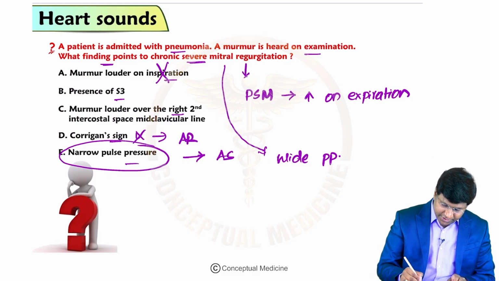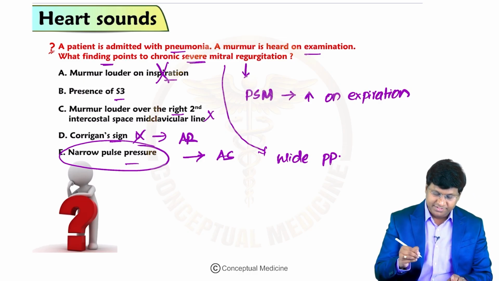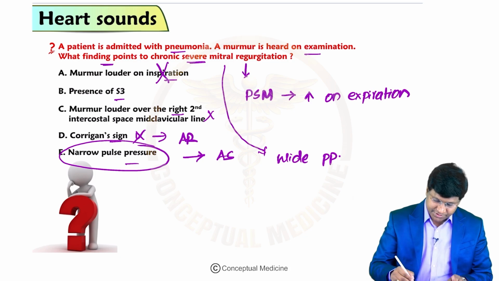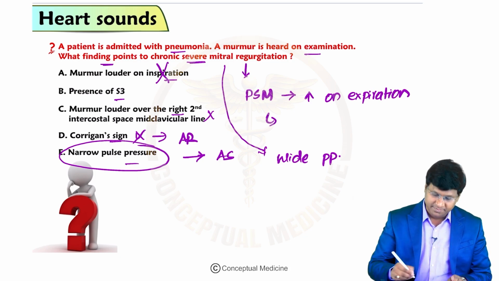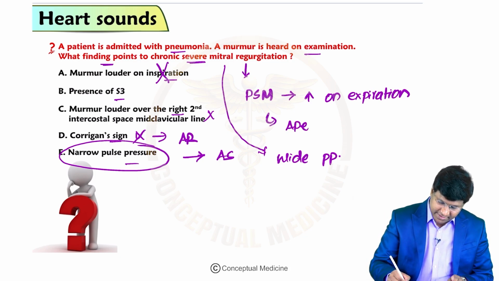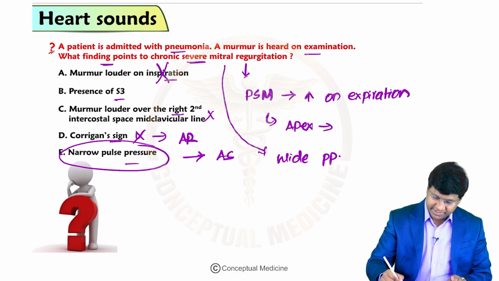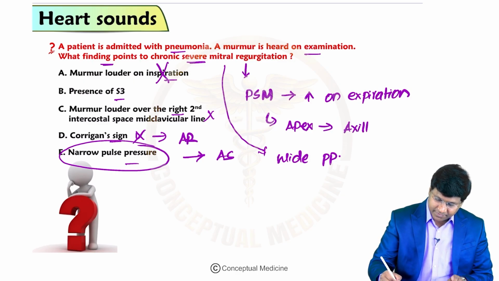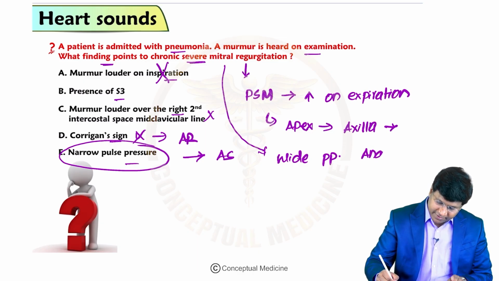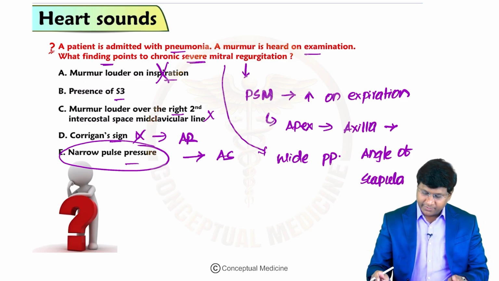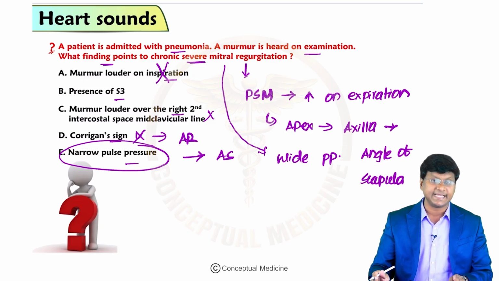Murmur louder over the right second intercostal space midclavicular line is a wrong statement, because in severe mitral regurgitation you will have the pansystolic murmur at the apex of the heart, and that murmur will radiate to the axilla, and from the axilla to the angle of the scapula.